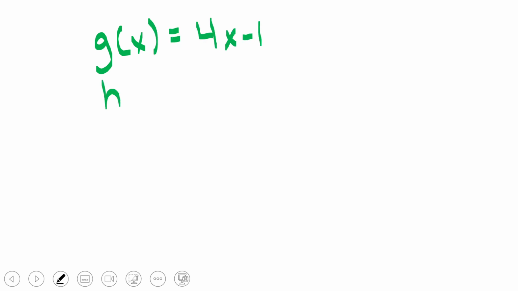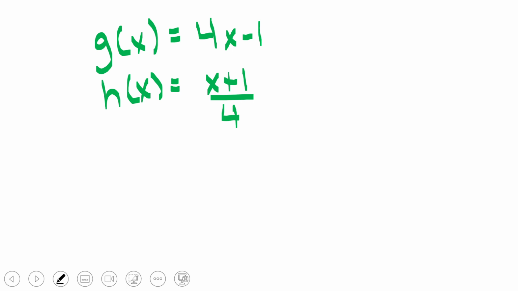All right, the next example is example 3 on the next page. We are going to show that g of x is equal to 4x minus 1, and h of x is equal to x plus 1 over 4. The purpose of our problem is to say, are these inverse functions? How do we get there? We need compositions of the functions to determine that.